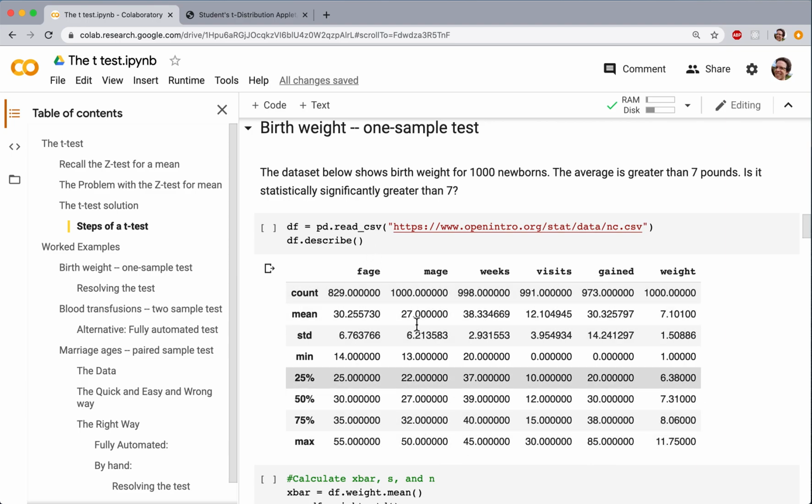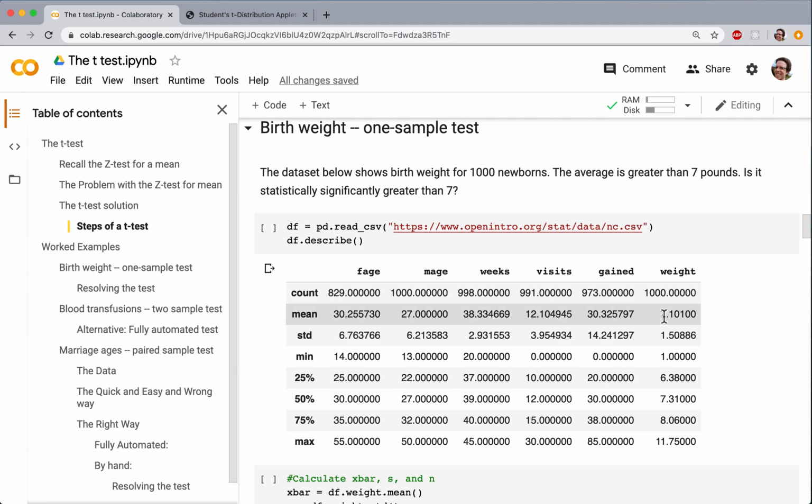So we have father's age, mother's age, weeks of the pregnancy, visits, weight gained, I believe, and then this is the weight. This is the birth weight in pounds of the newborn, and so that's the variable that we're going to focus on. Notice that the average birth weight is listed as 7.1. That's not 7 pounds 1 ounce. That's 7.1 pounds.